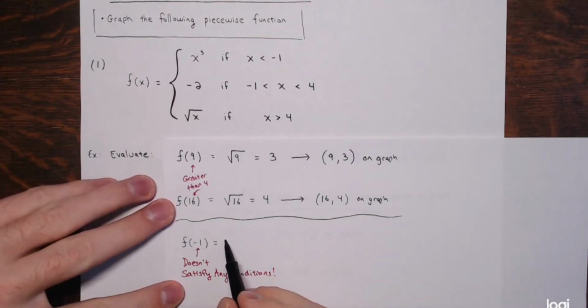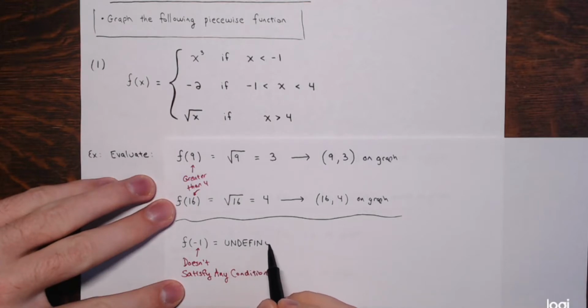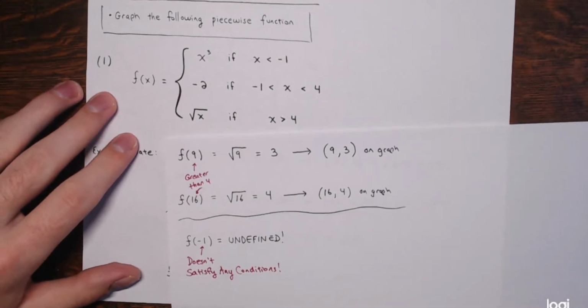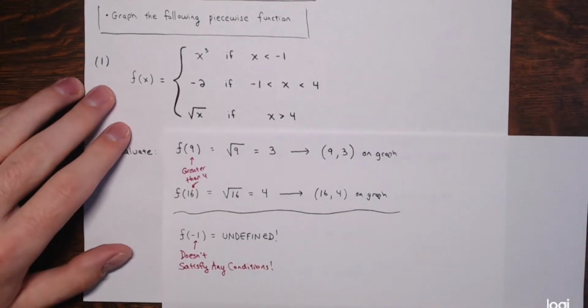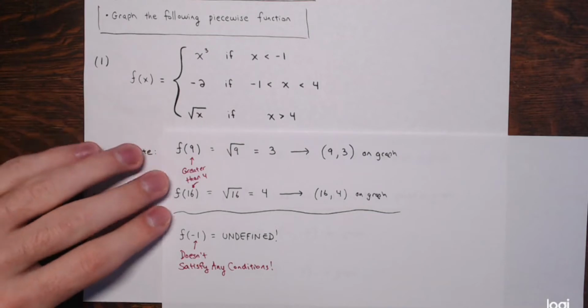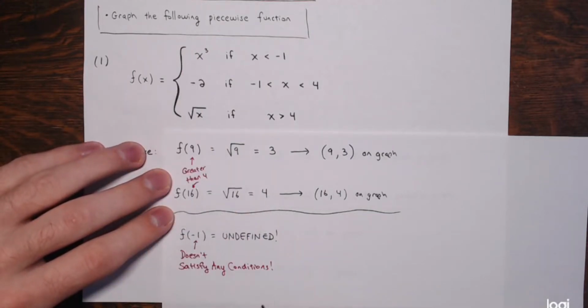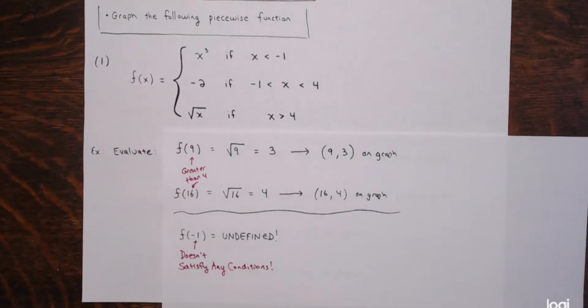This is undefined. There is no value. Now I will be using negative 1 when I go graph this thing, but what we're going to see is that there are going to be no points on the graph with an x value of negative 1.